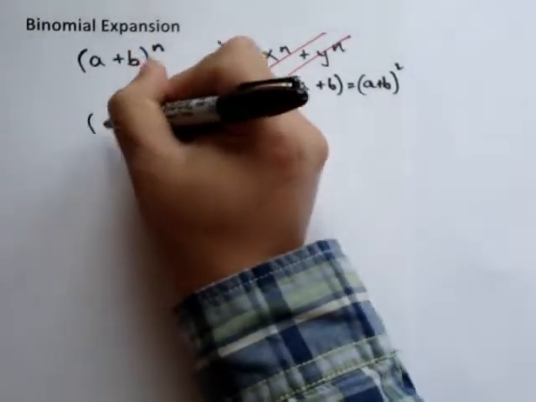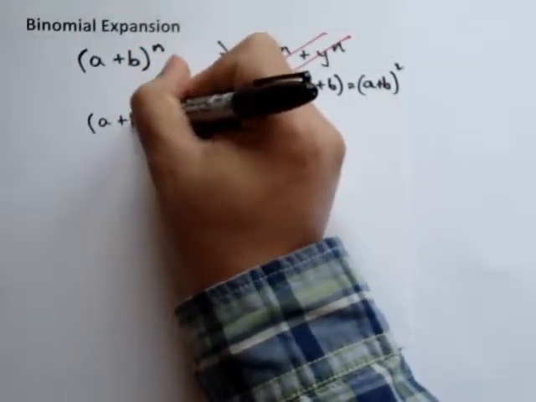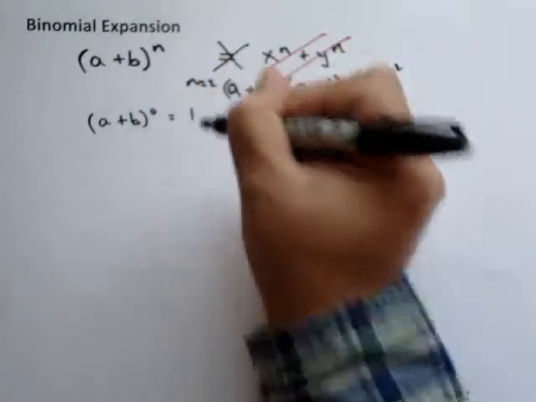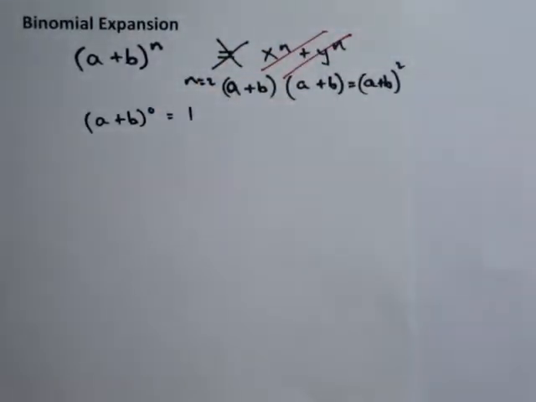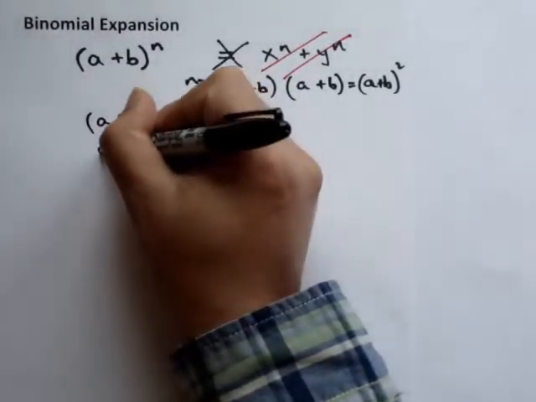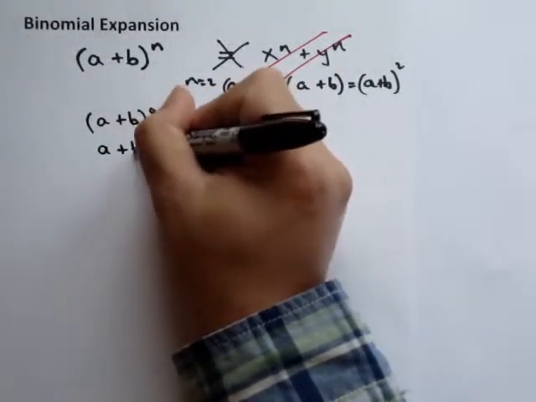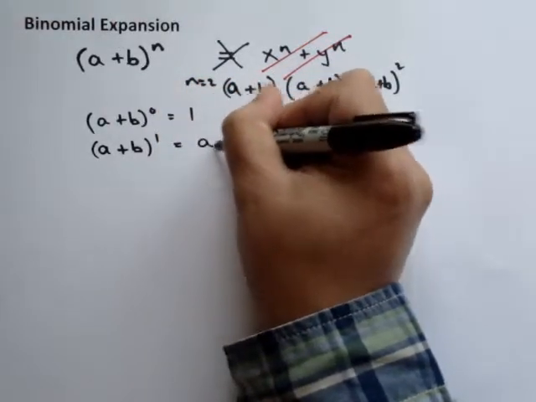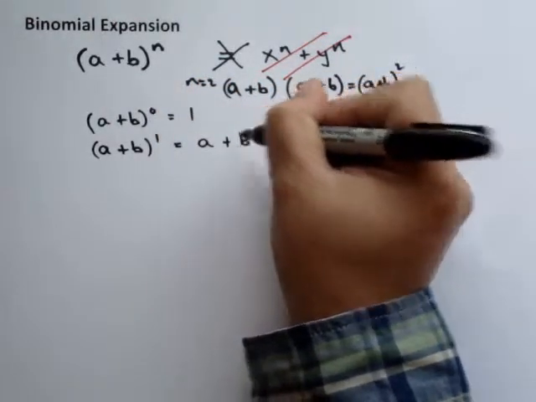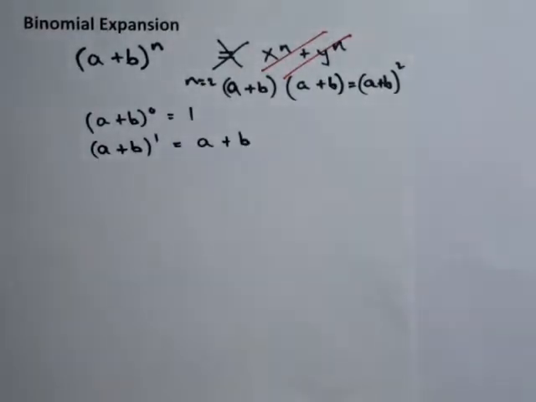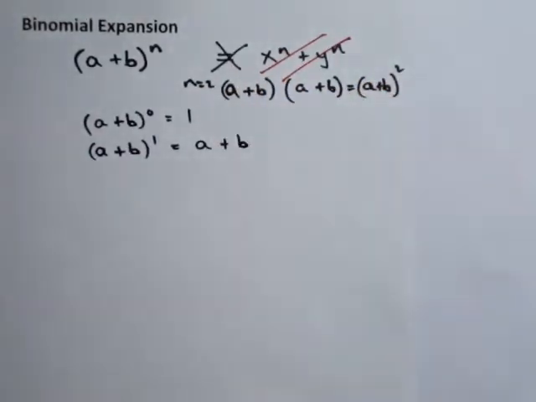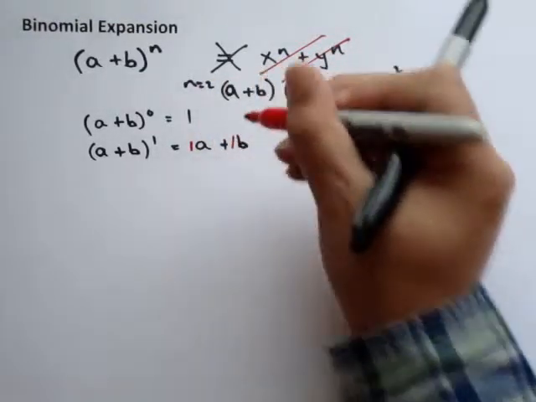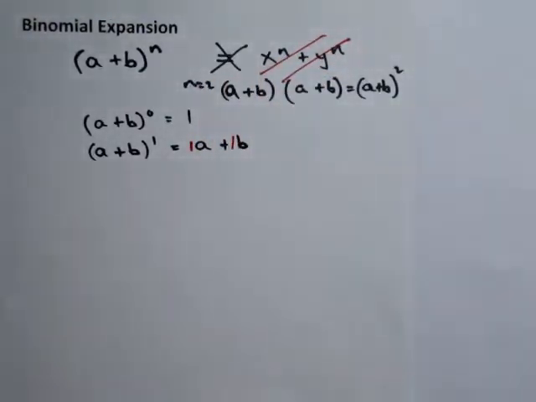A plus b to the 0 equals 1. A plus b to the power 1 equals a plus b. And we think of there being a 1 in front of the a, but we miss it out. Wherever there's a 1 we miss it out.